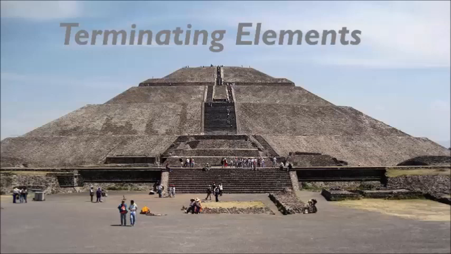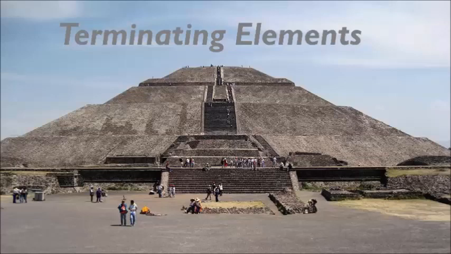So when we look at the Avenue of the Dead at Teotihuacan, on one end there's a major terminating element that we see here, and that is the Pyramid of the Sun. The Pyramid of the Sun serves as the terminating element on one end. There is not a corresponding element on the other end of the axis that serves the same purpose.